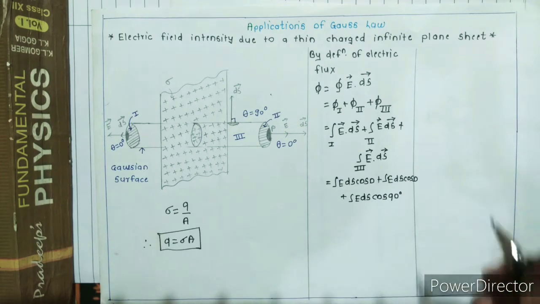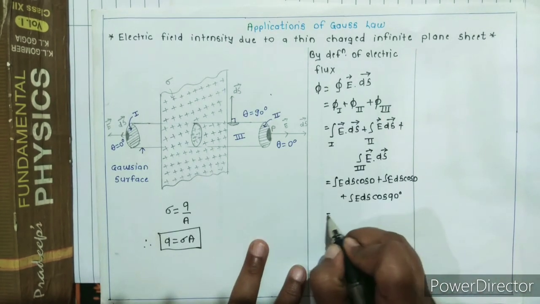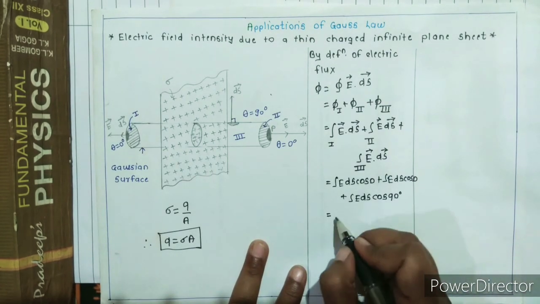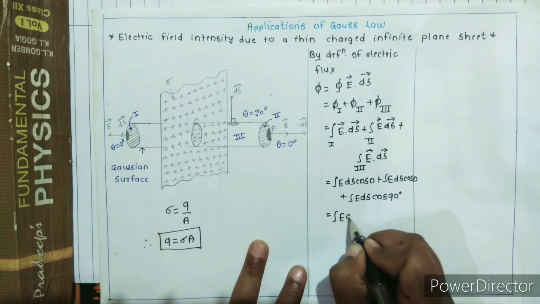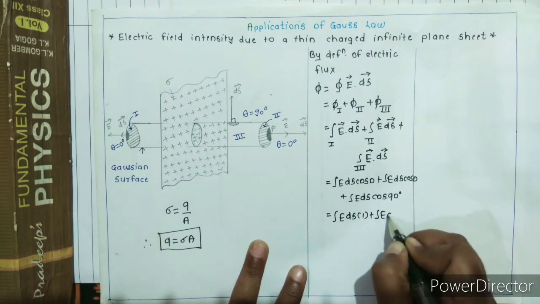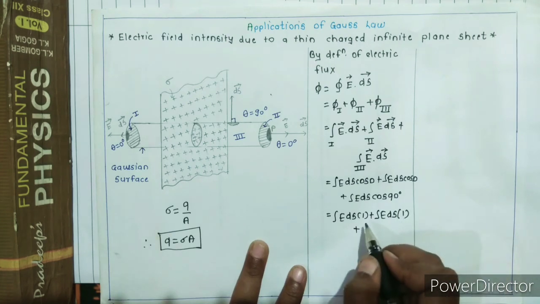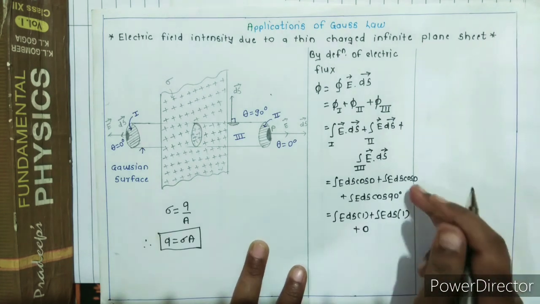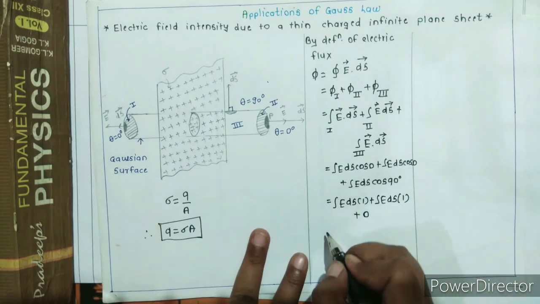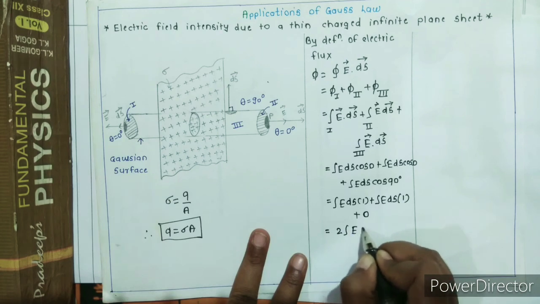Now we know cos 0 is equal to 1 and cos 90 is equal to 0. So first term will be E ds times 1, plus integration E ds times 1, plus 0, as cos 90 is 0. So what I get? I get 2 integration of E ds.